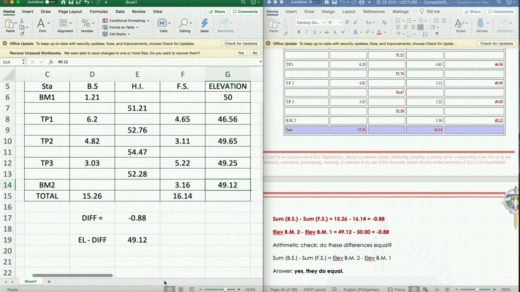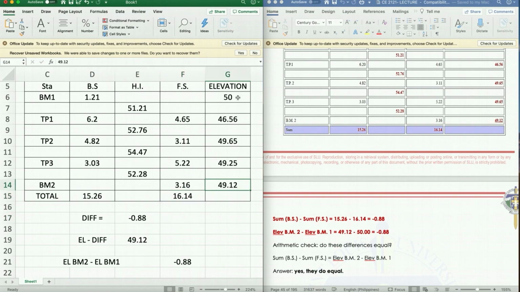Now another way is to check the elevation of BM2. Elevation of BM2 minus elevation of BM1 should also be the same as the difference of backsight and foresight. You can use this directly to make it easier. So you have the backsight minus the foresight, you have the difference.